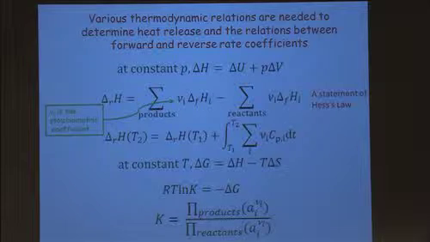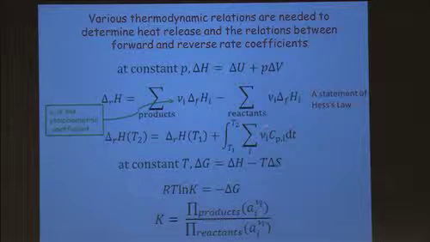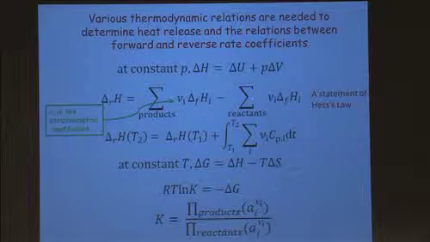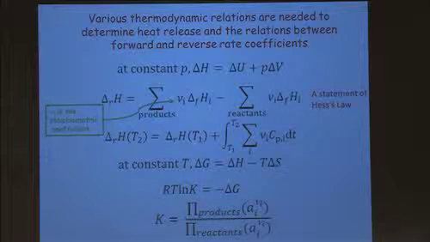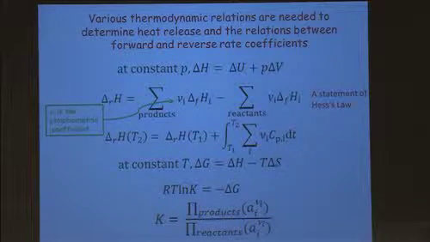And in this equation here, we're writing down the stoichiometric coefficients for the products as positive and for the reactants as negative. So if we know the heat capacities, we can use this equation to move between enthalpies of reaction at different temperatures.